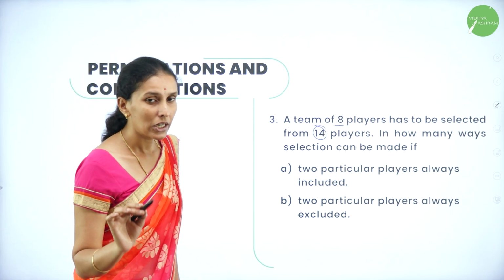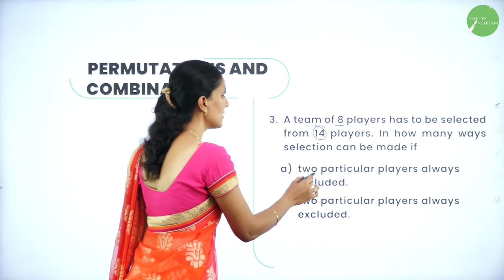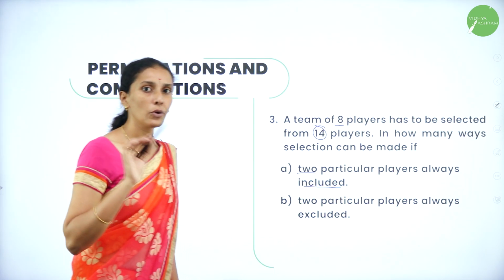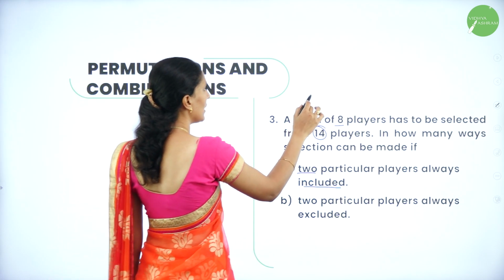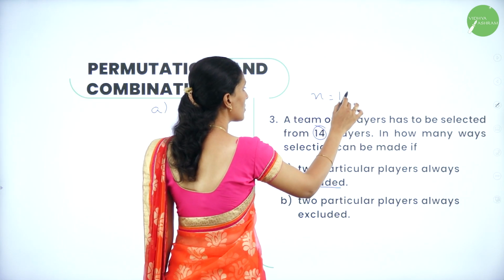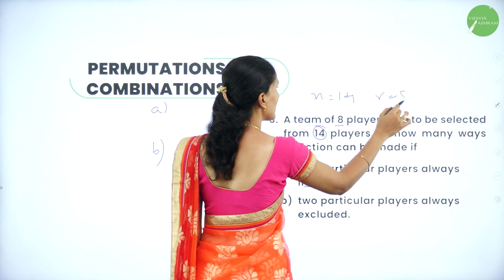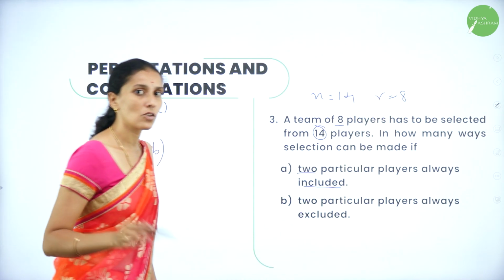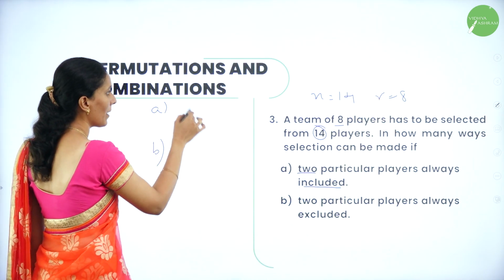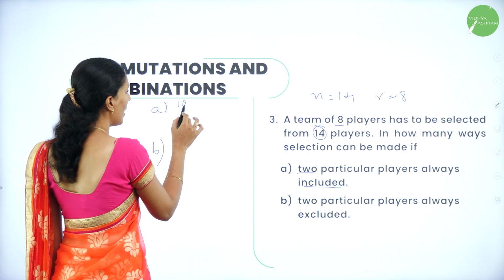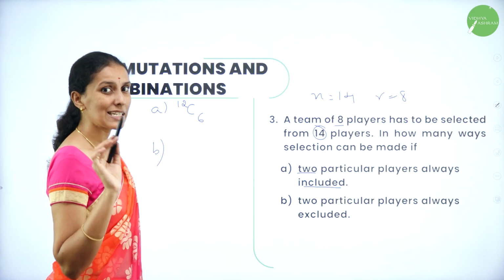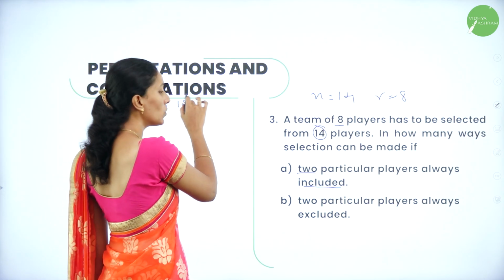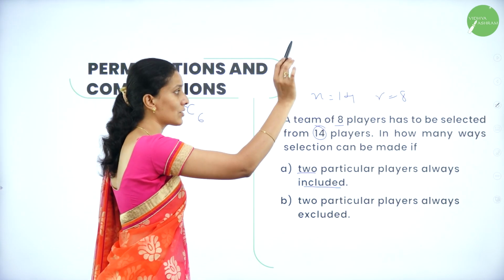When it comes to included, you have to remove the person from N as well as R. Here my actual N is 14 and my actual R is 8. Since 2 persons are always included, my selection will be 12C6.